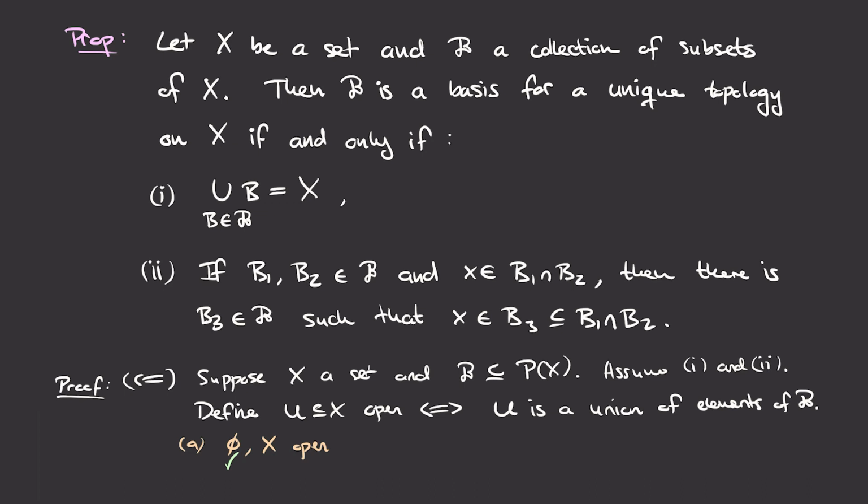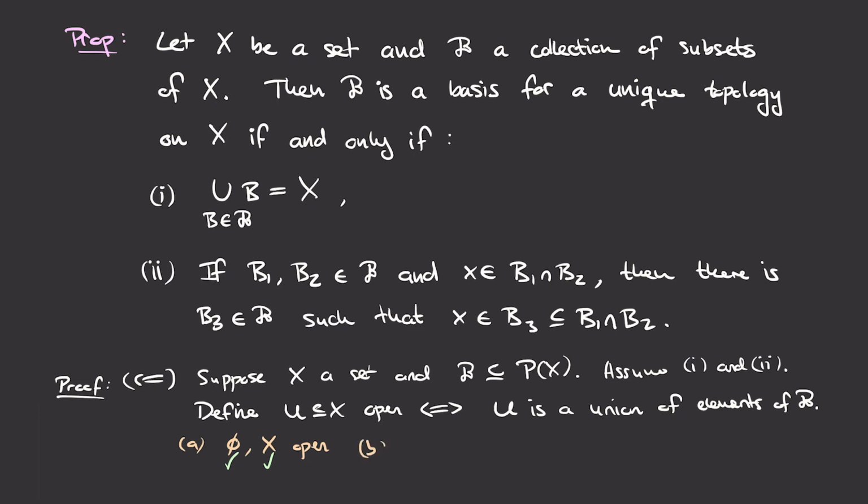And now we need to check that the entire space X is going to be open. But this follows from condition 1, saying that X is the union over all basis elements in our collection, and because it's such a union, it's going to be open by the definition we've made. So also the entire space X is open, that's a check.